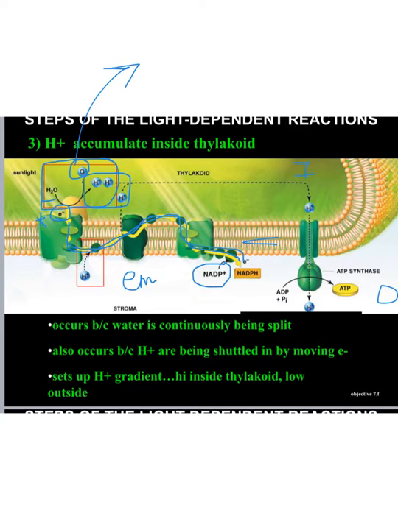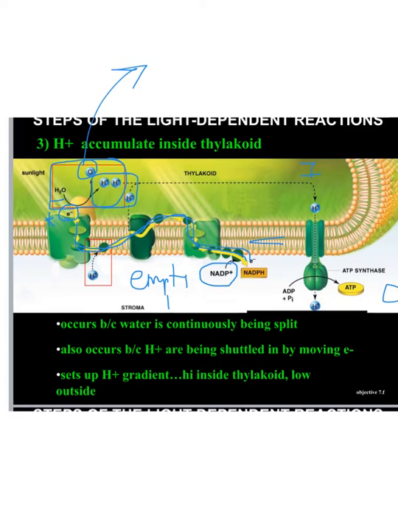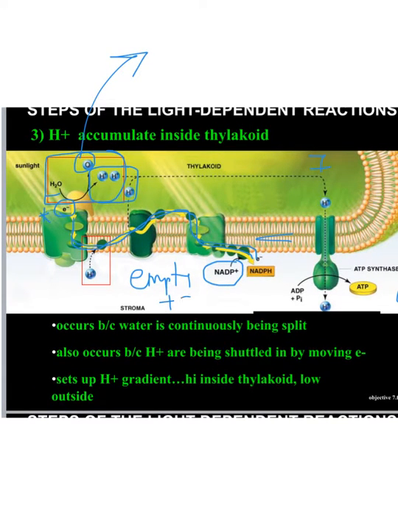This is like the empty taxi. So it's like the taxi sitting there waiting to pick up a passenger. So when that electron gets there, that is the passenger for that taxi. And so when it joins with NADP plus, we produce NADPH. So this is the occupied taxi. So this molecule now has taken on the electron and becomes the occupied taxi.